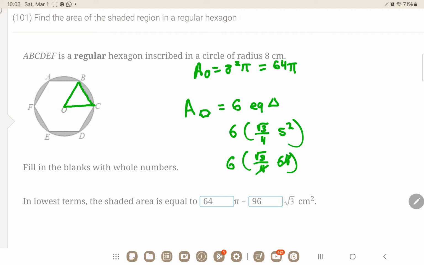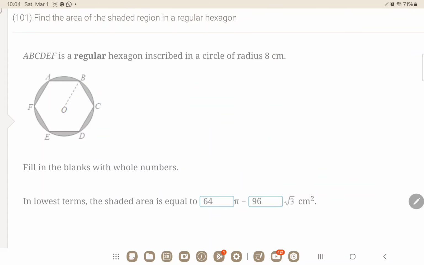You get 64 divided by 4, which is 16. So you have 6 times 16 radical 3, which is 96 radical 3. So the area of the shaded region is the circle, 64 pi, minus 96 radical 3, the area of the hexagon. And that's it. Moving on.